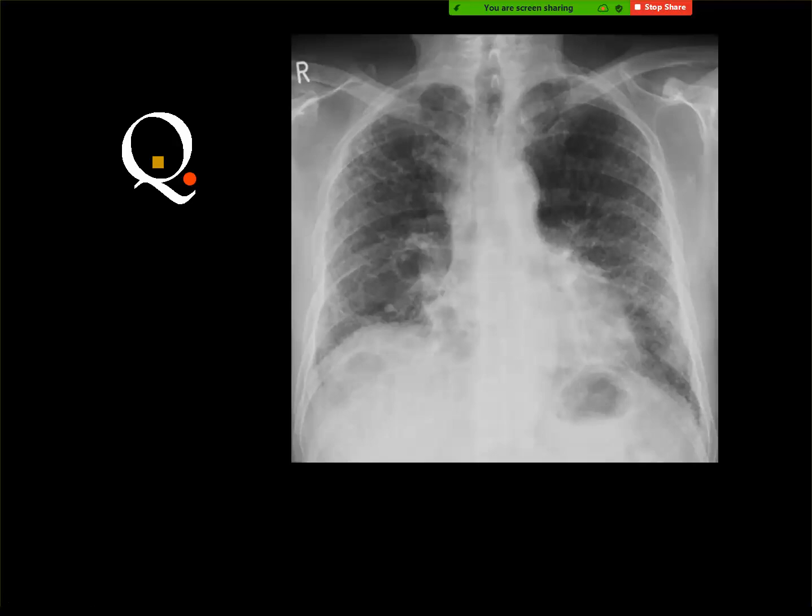There is a mass in the middle right lung, and there is a miliary shadow, reticular shadow, interstitial. This is a diffuse lung disease of what type? Reticulonodular. What do you think? Lymphangitis carcinomatosis? There is no positive history of malignancy.